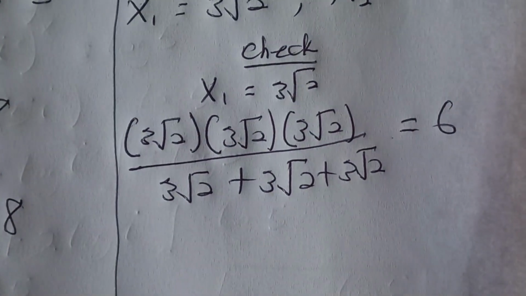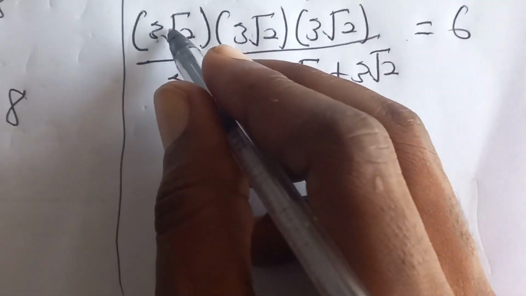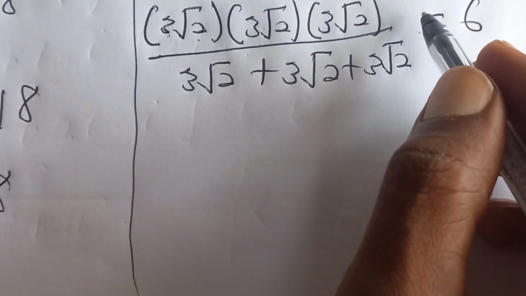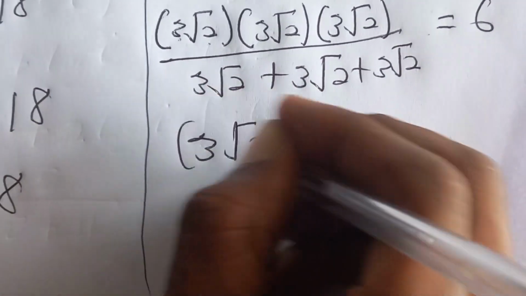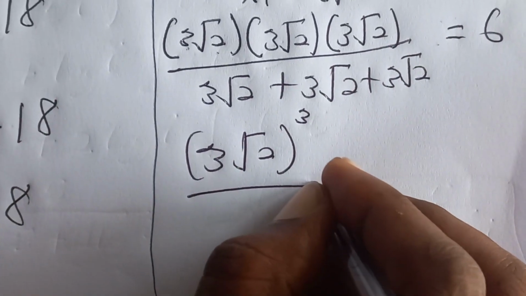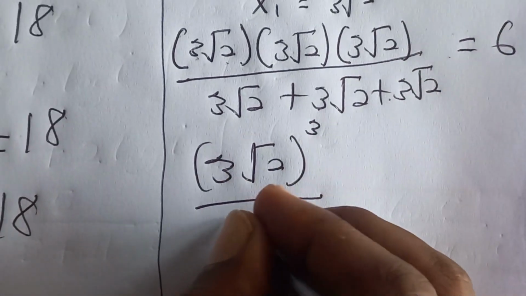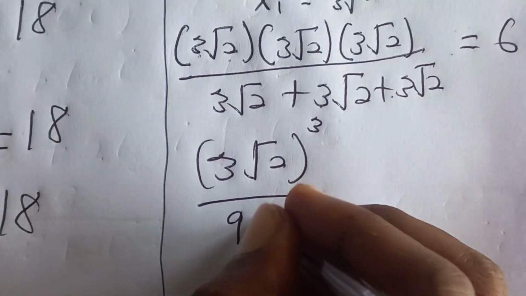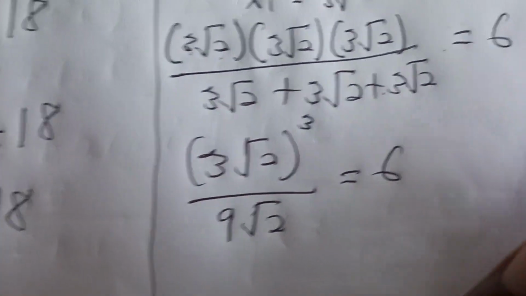Now we can say that 3 root 2 multiplied by itself 3 times is going to be 3 root of 2 all cubed. On now 3 plus 3 plus 3 is 9 root 2, which is equal to 6.